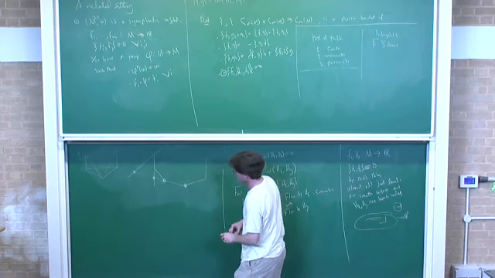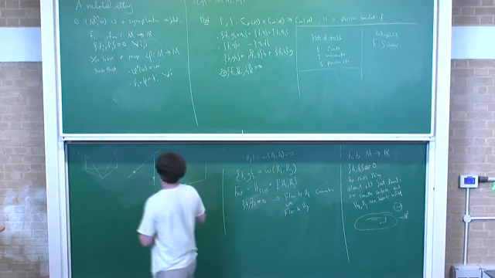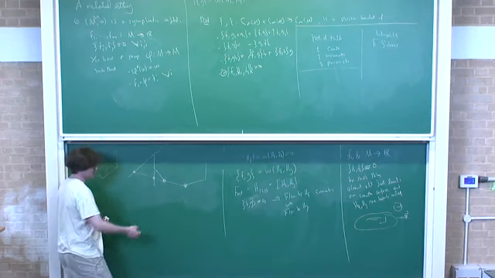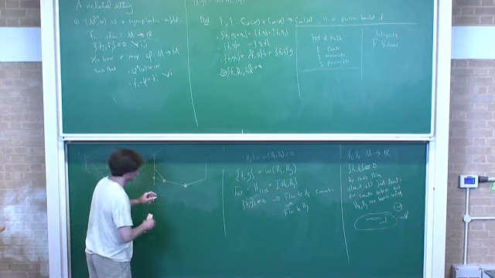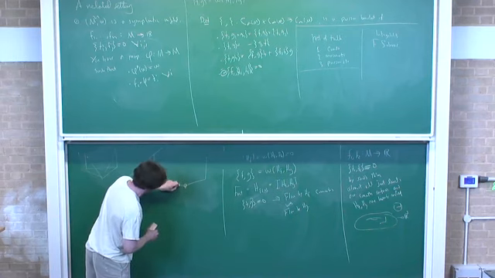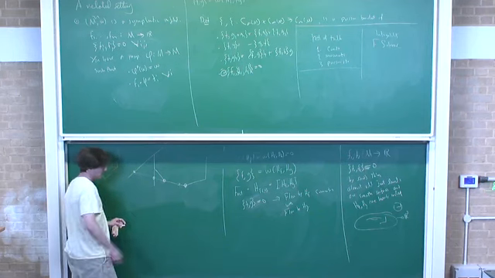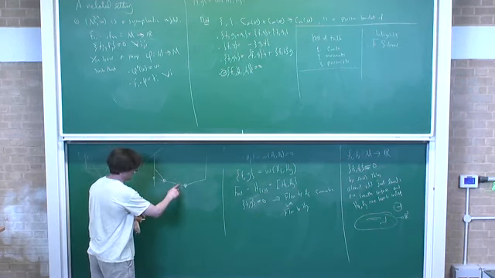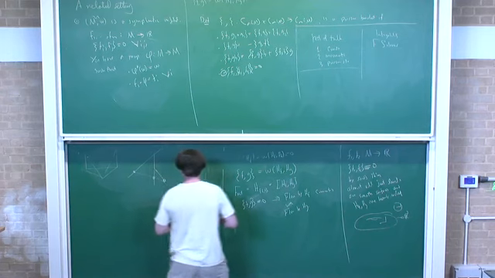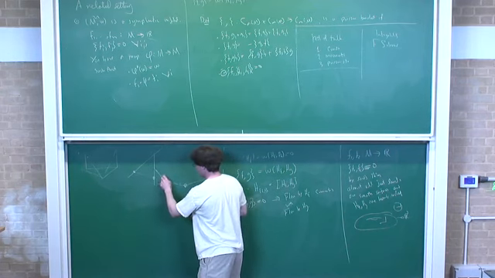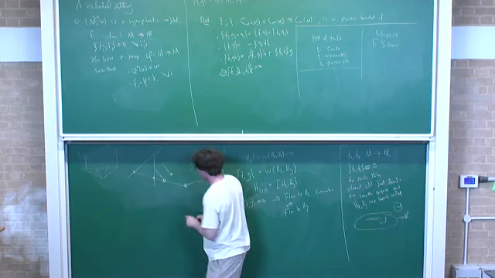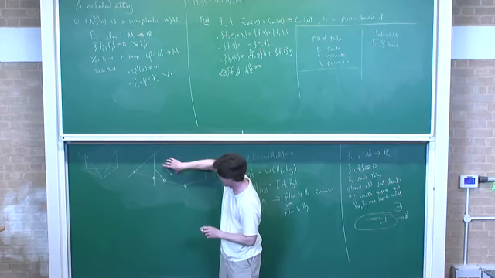If you have your polygon, you use a slightly different cross ratio. There's a cross ratio that you assign not to a vertex, but rather to a flag. What's a flag? A flag is a vertex and an edge.